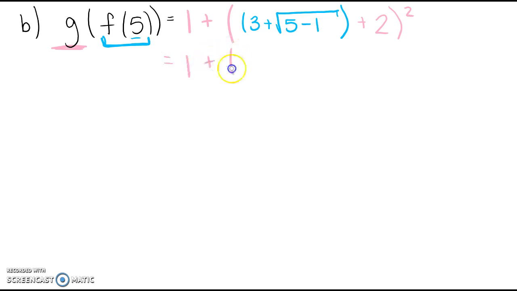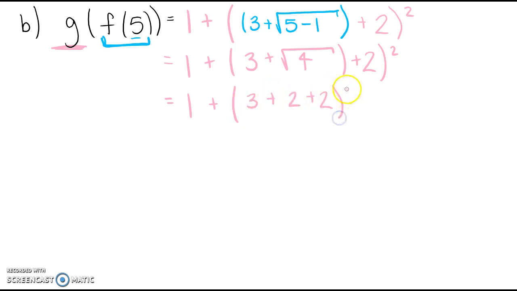So 1 plus parentheses 3 plus the square root, 5 minus 1 is 4, plus 2, all of that's squared. Square root of 4 is 2, so we get 3 plus 2 plus 2, which is 7. And 7 squared is 49, and 49 plus 1 is 50.